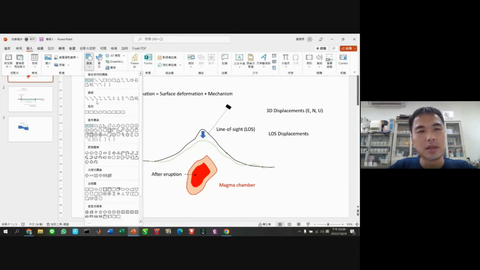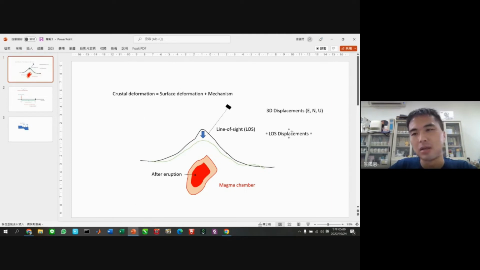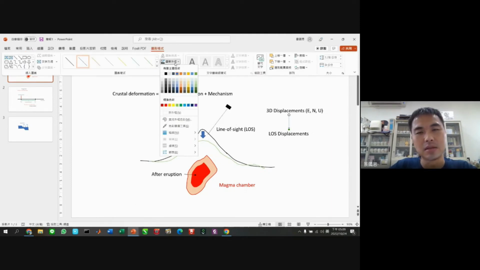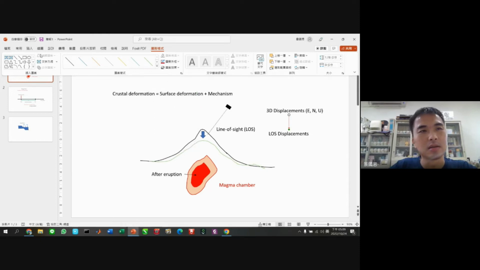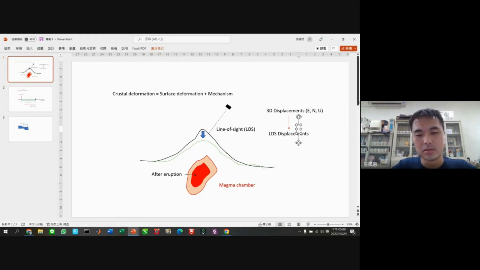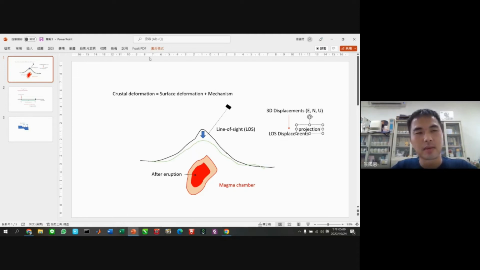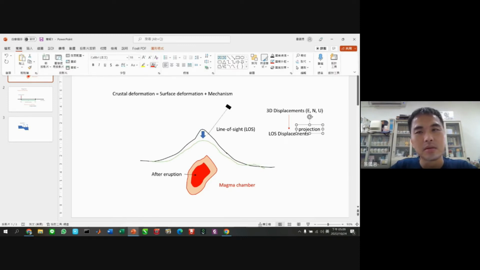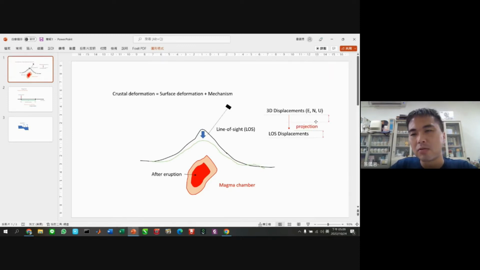So we always need a projection, something like this. We need to project the three-dimensional displacement into line of sight displacement.